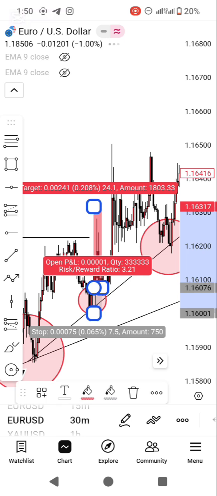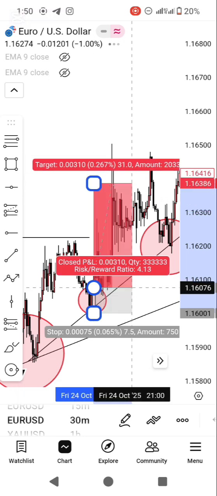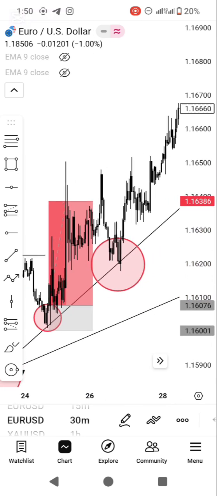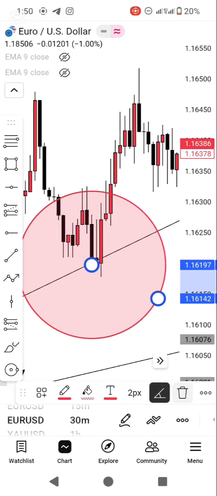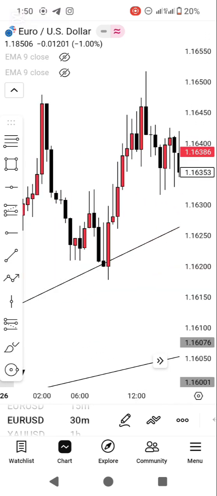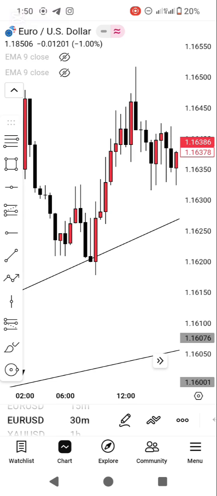And let's see, 1:4. Okay, so because that's smashed, then over here again I can see a powerful morning star candlestick pattern.